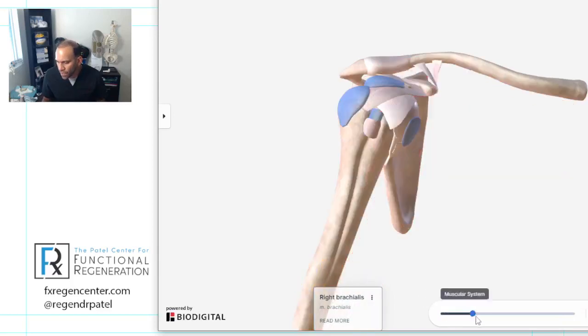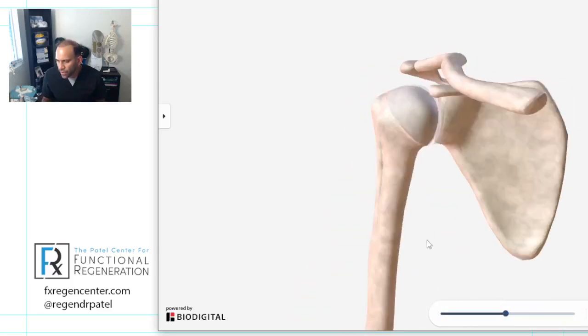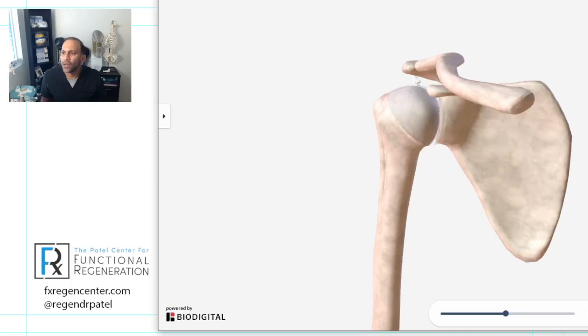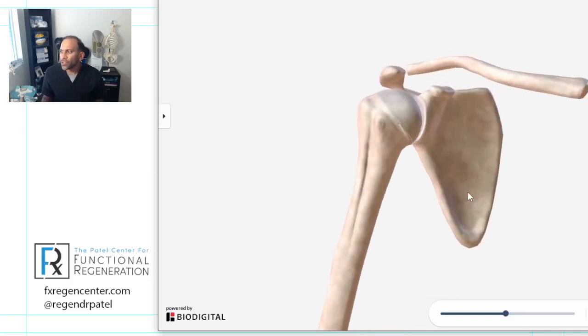So again, if you picture where that bone is, if that deltoid muscle is right here, when that contracts, it'll pull this ball up in its socket. So that could be something that causes excess shear inside that ball and socket joint.